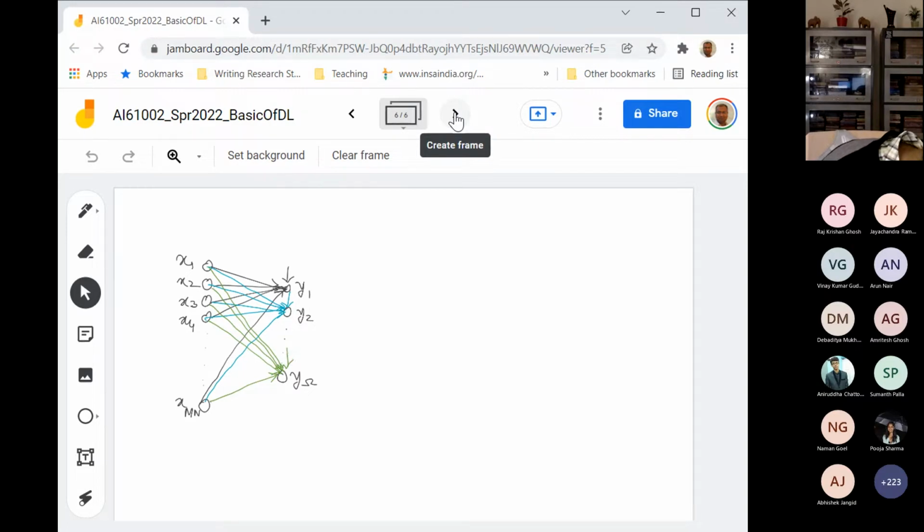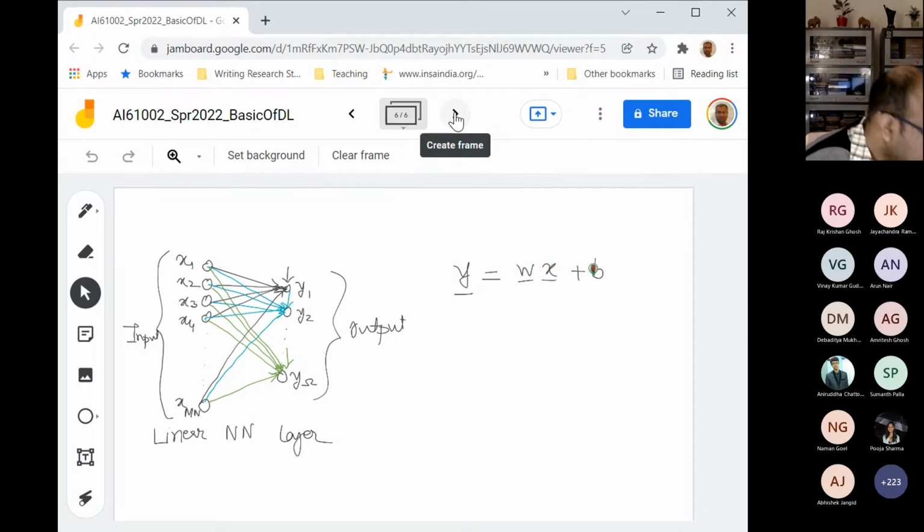So this side is what is called the input. This is what is called the output. Now this is a linear NN layer, and the mathematical operation of this one is written as y is equal to Wx plus b.